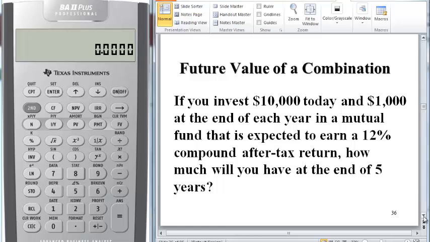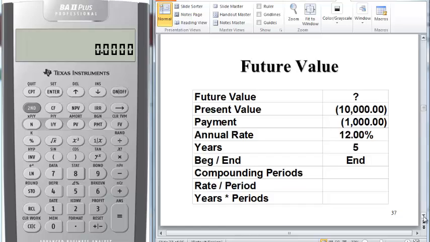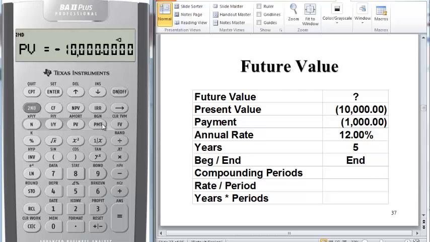So let's look here. I have 10,000 invested today, and this is where outflows and inflows are important. So I invest 10,000 today, present value. And let's say I forgot to clear my time value of money, or couldn't remember if I cleared it. I can still do it. Second FV, and then all I got to do is push the present value.